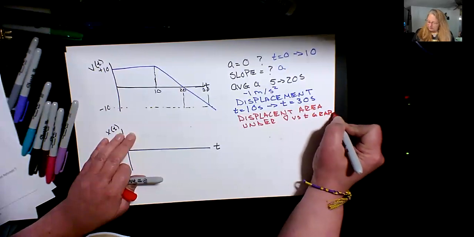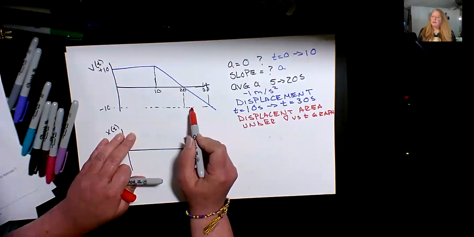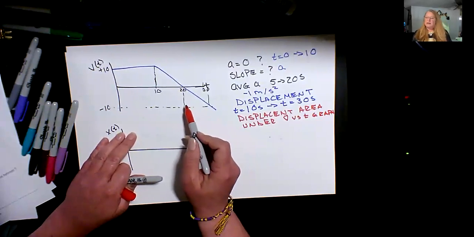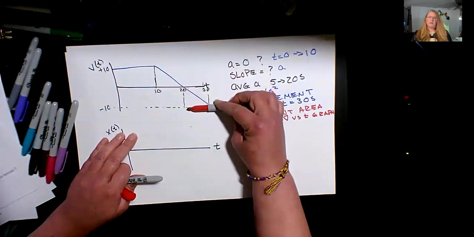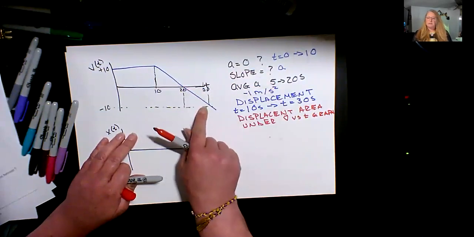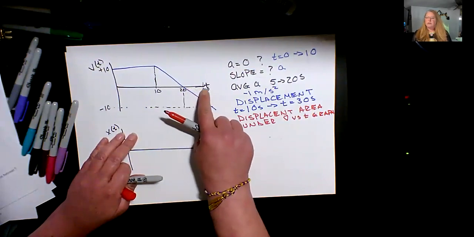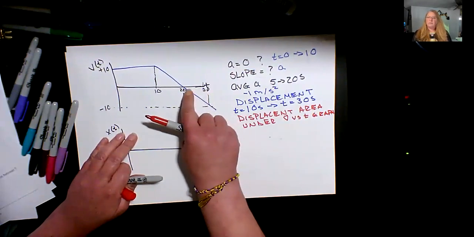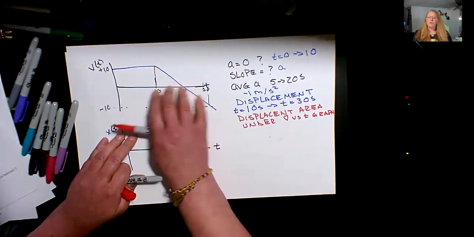Well, I look at this, and I'm like, okay, I've drawn two triangles here. What do we mean by the displacement is the area under? The area under is not literally always under this. What we're talking about for the displacement is the displacement between here and here. It's these two pieces, the area under this curve to the axes.